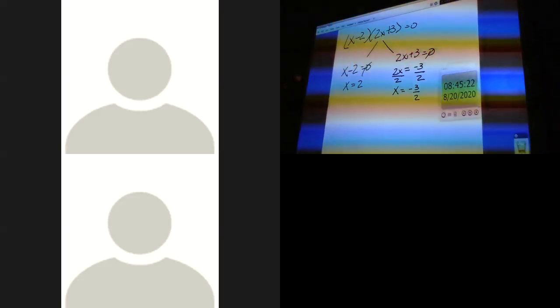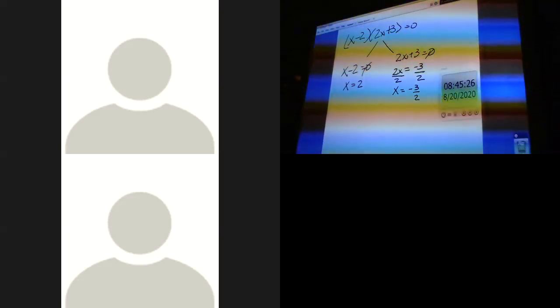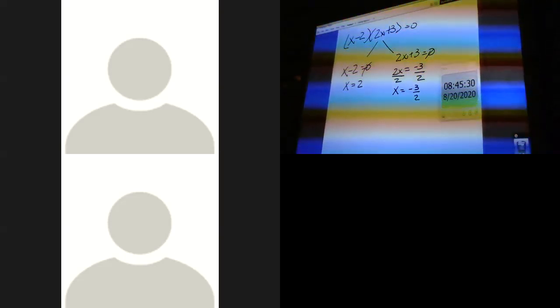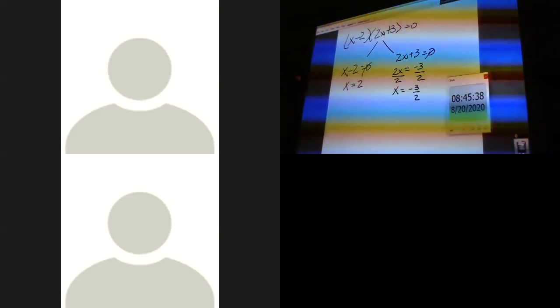All right, so the last thing that we really need to look at in factoring before we launch head-on into solving by factoring is the difference of squares.